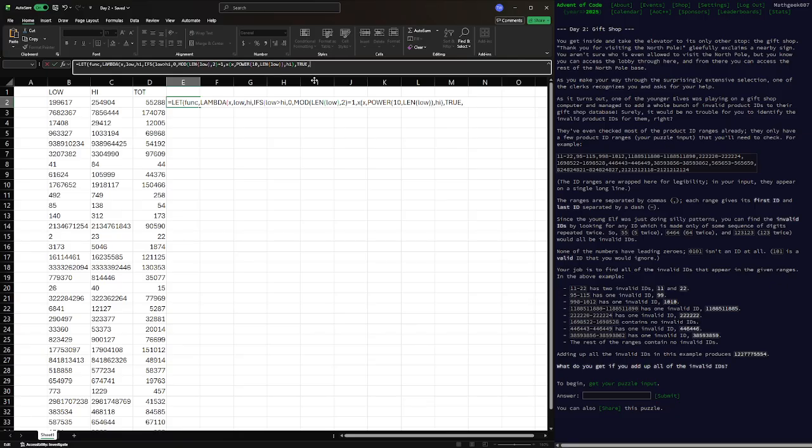So we're going to do LET left be floor of the length of low divided by 2. But it's not that. It's actually going to be low divided by 10 to the power of that.